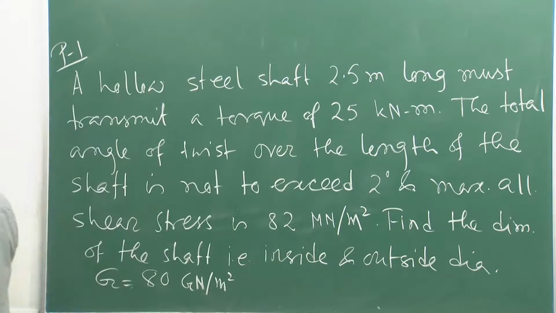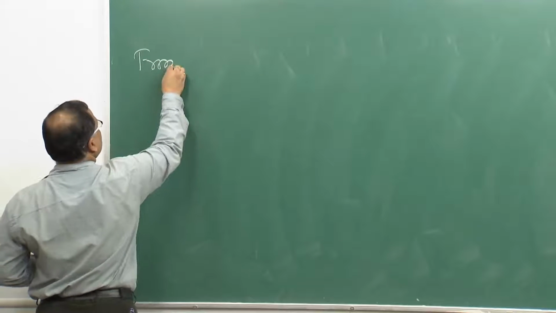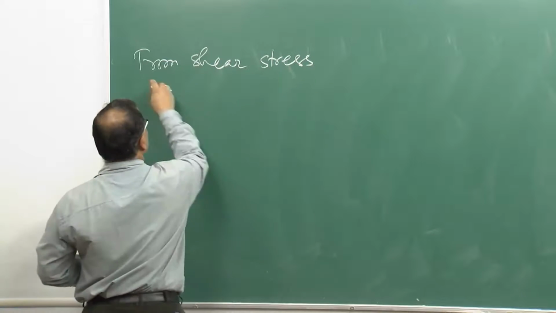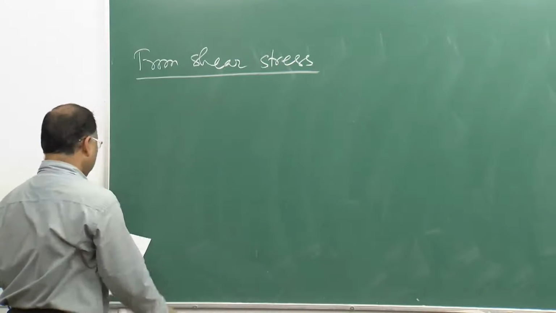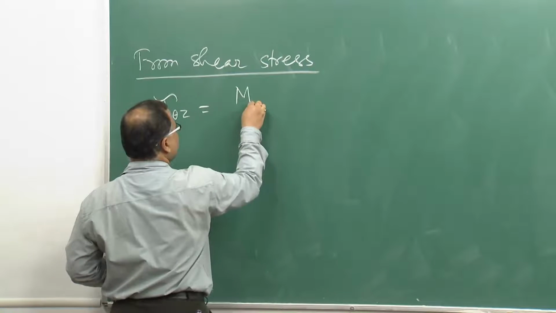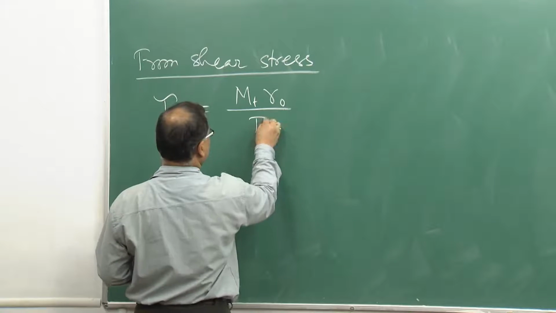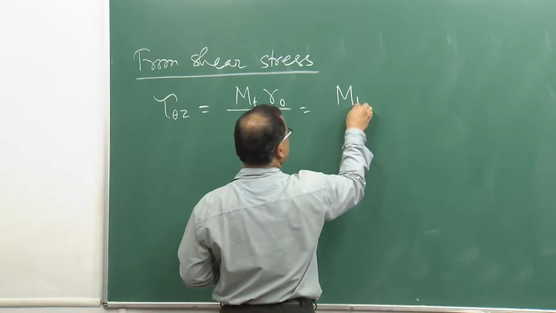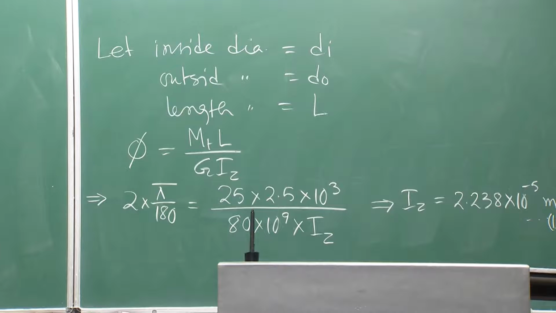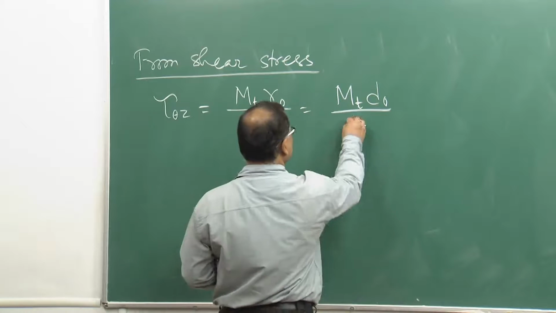Fine. So from shear stress, tau theta z is equal to, as you know, MT R naught by IZ, which can be written in terms of your diameter d naught, where R naught is the outside radius, so d naught by twice IZ.